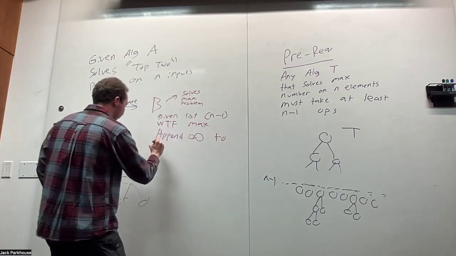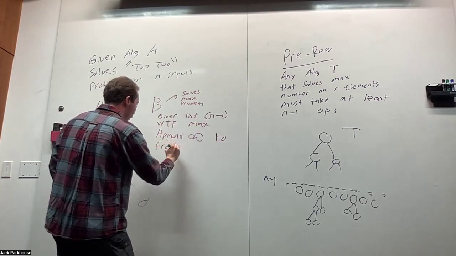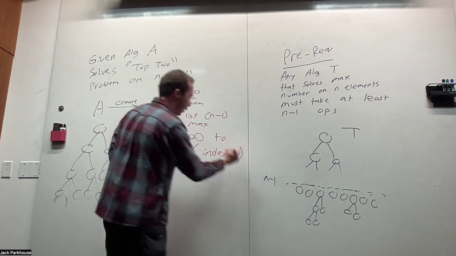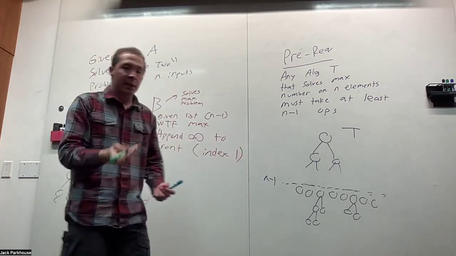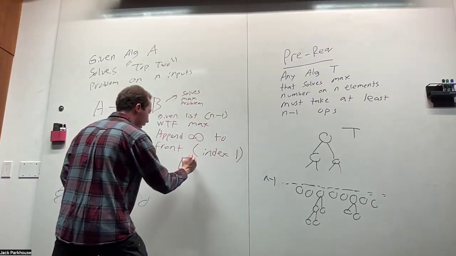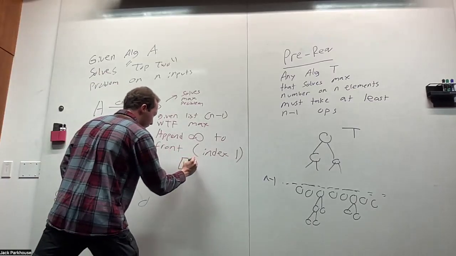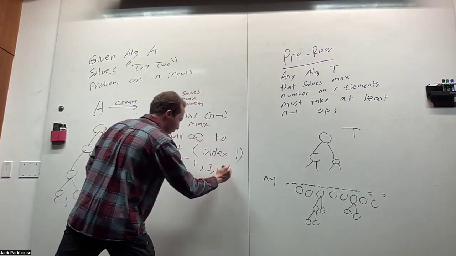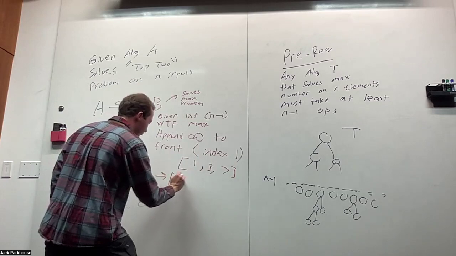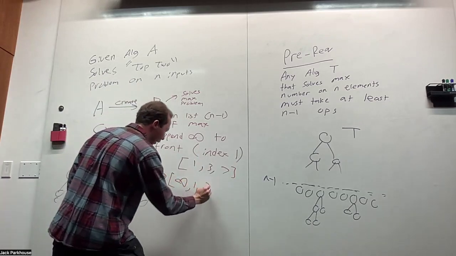You can think about it as we're going to put it at index 1. So if we're given a list like 1, 3, 7, we're going to make it into a list of infinity, 1, 3, 7.